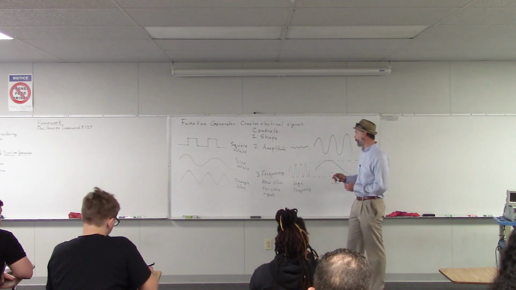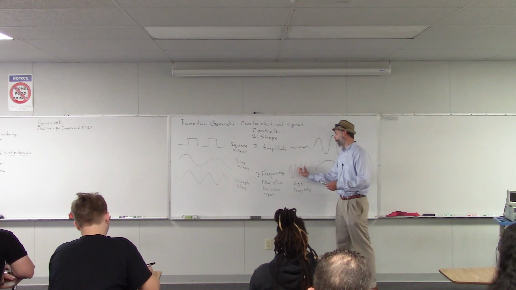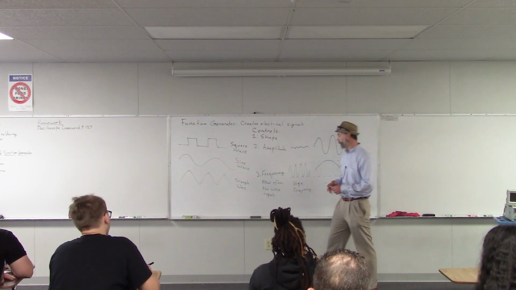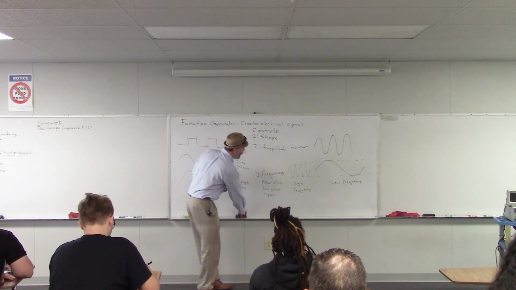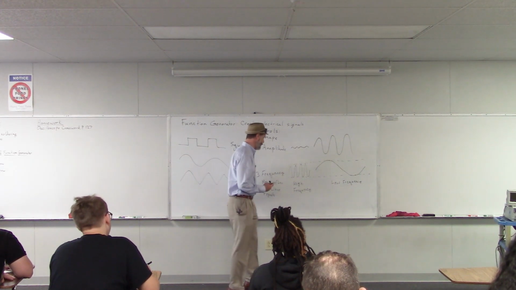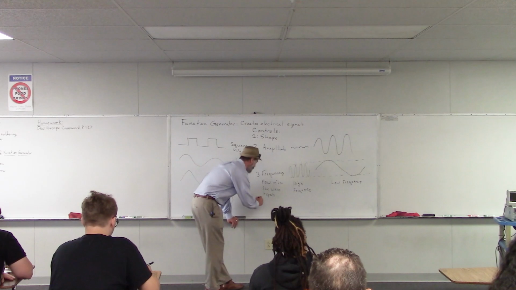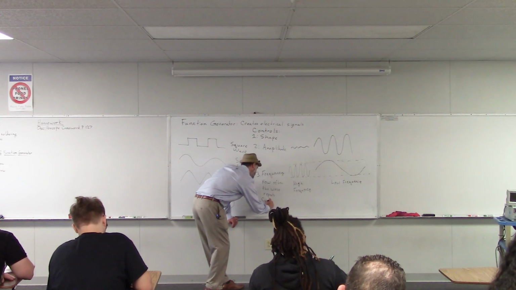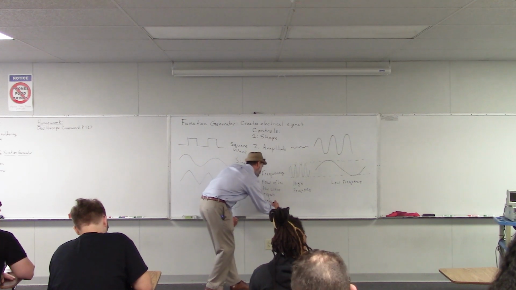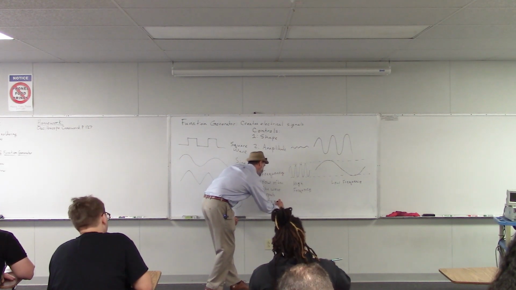So the frequency is how many of those waves you get per second. So one wave is referred to as one cycle. So frequency is given in cycles per second.